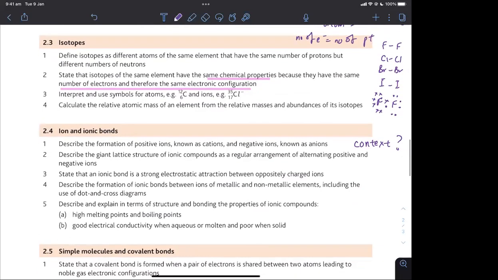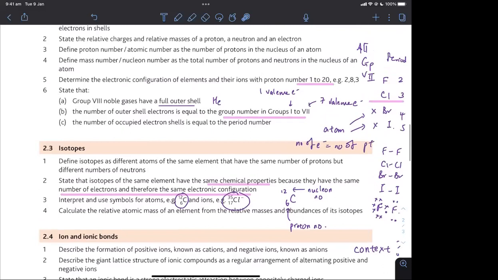Now, reading information like this, the 12 carbon and the 35 chlorine 35, this number on top, I just want to highlight to people, is the nucleon number, not the neutron number. I think Africa had a bit of a problem back then, not too sure about now. As for the definition of these things, you can go back to the syllabus.